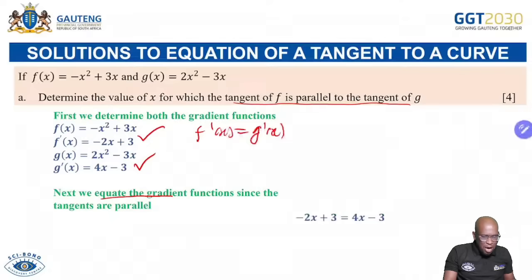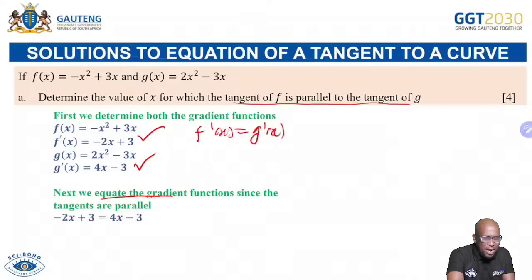Now when we equate them, we get negative 2x plus 3 equals 4x minus 3. Solving for x, we transpose 4x to the other side, which becomes negative 4x minus 2x, which is negative 6x, equal to negative 3.